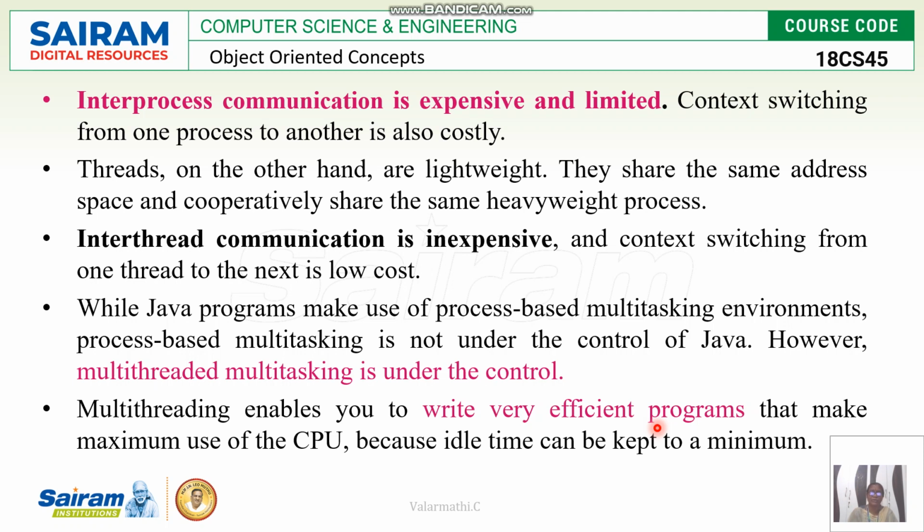But when you go for inter-thread communication, it is inexpensive and you may have more than one control over the threads. So in programming, multi-threading enables you to write very efficient programs that make maximum usage of your CPU, so that idle time can be kept to a minimum.